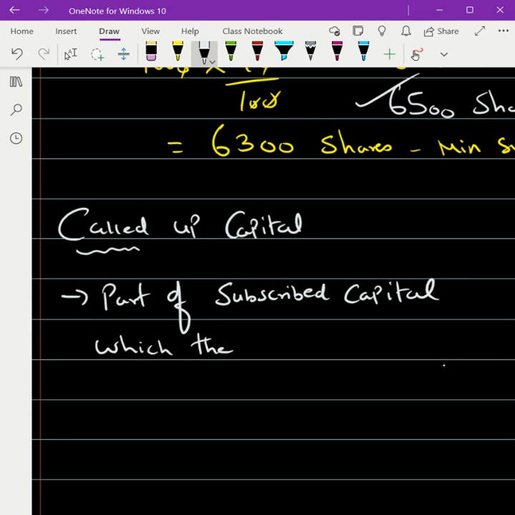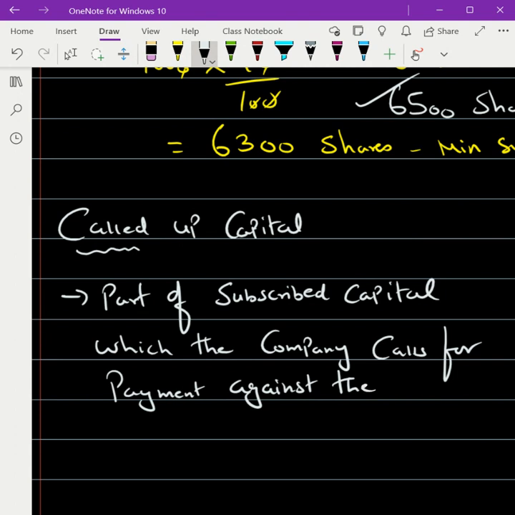So called up capital is a part of the subscribed capital which the company calls for payment against the shares. So this is what they say.